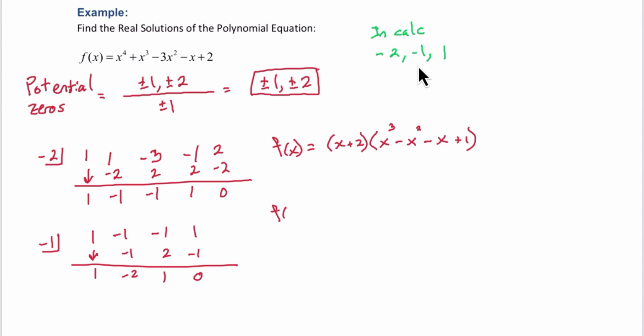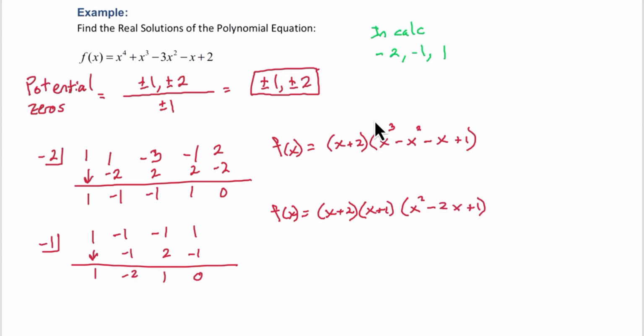So now f is x plus 2 times, notice the 0 that we used is -1. That means the factor that we divided by is x plus 1. The result is the coefficients here: x squared minus 2x plus 1.